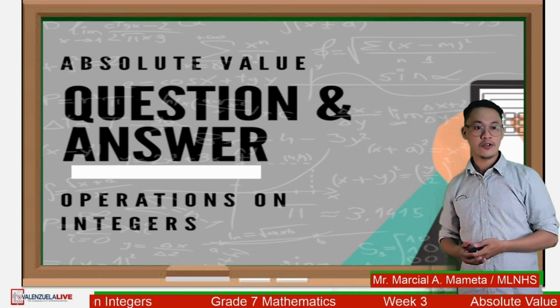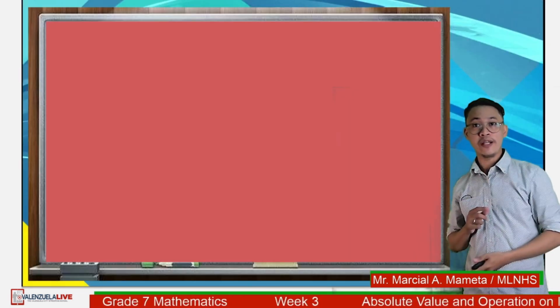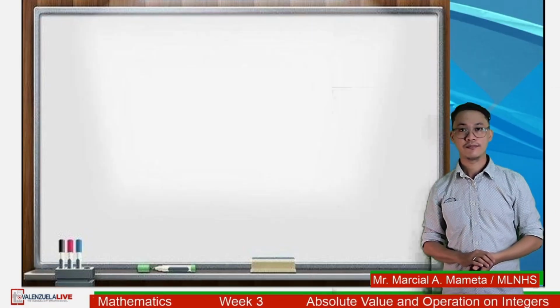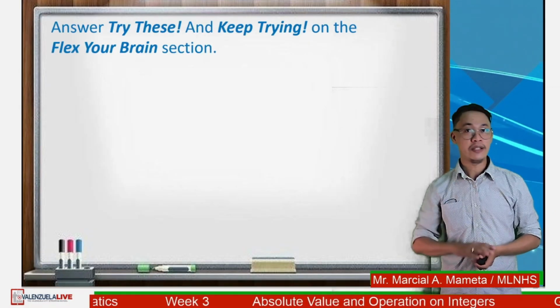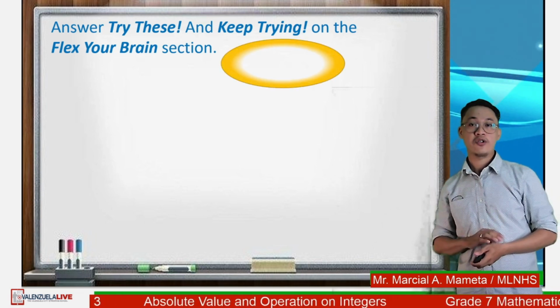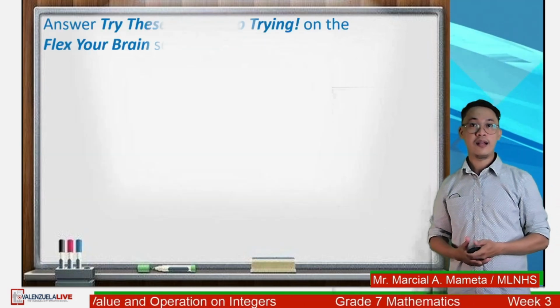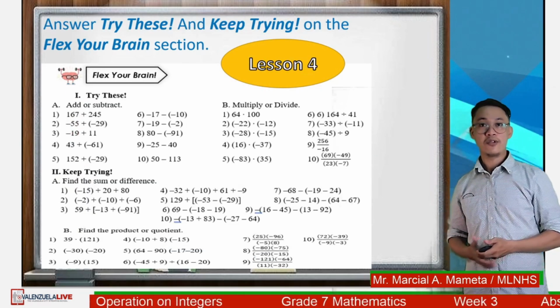I think we don't have any questions. So for your weekly home learning task, answer Try This and Keep Trying and the Flex Your Brain section, lesson number 3 and lesson number 4.